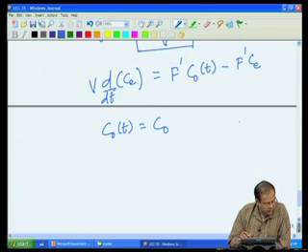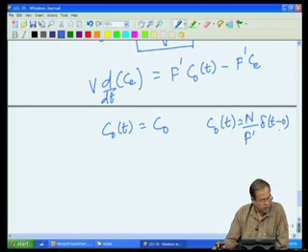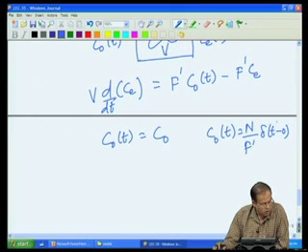It can be either one of them, where C_0(t) will be n by F' into delta of (t minus 0). This is how we represent a pulse input.